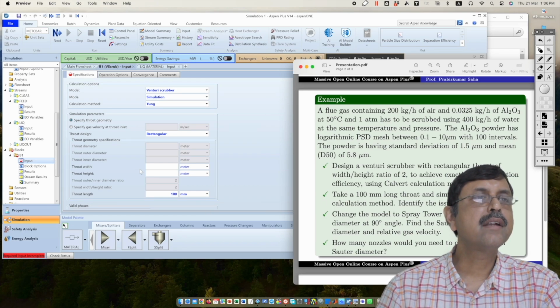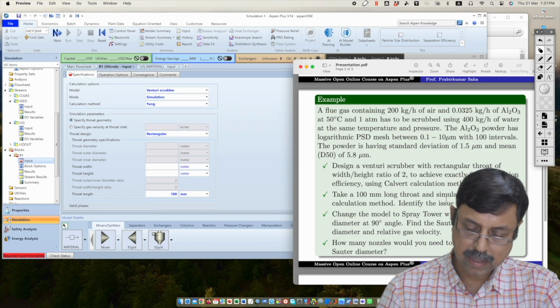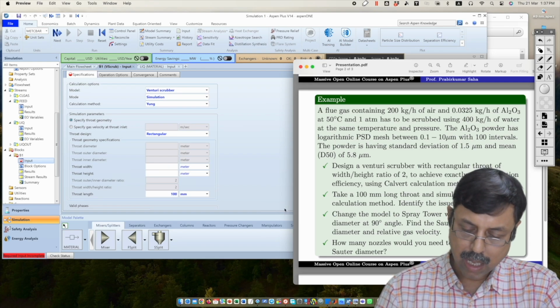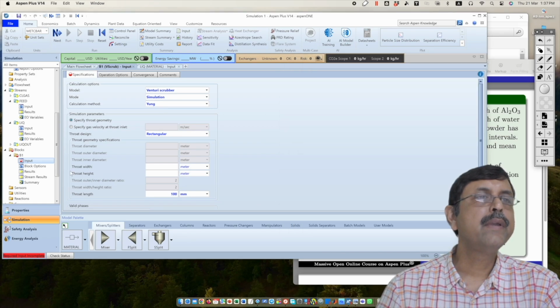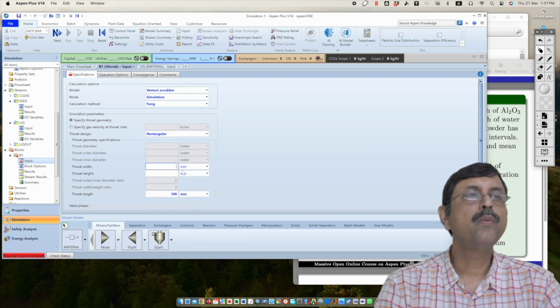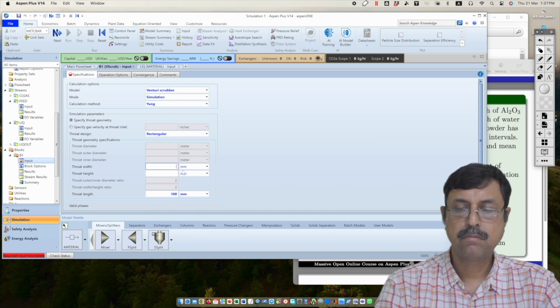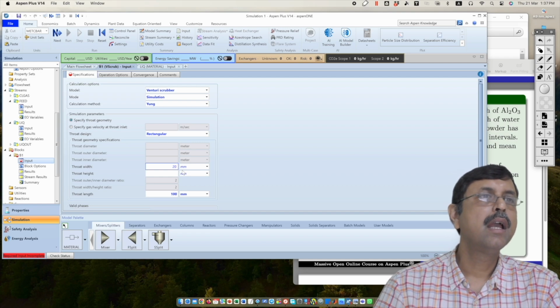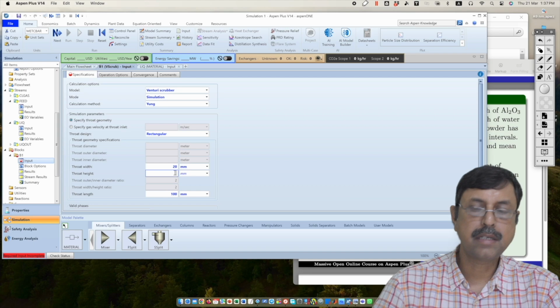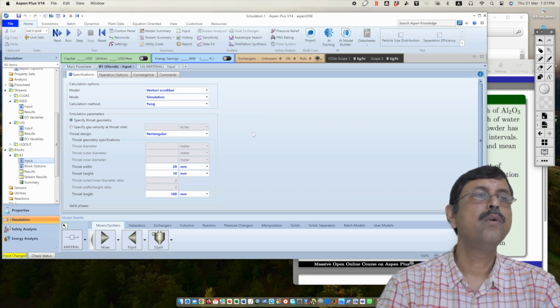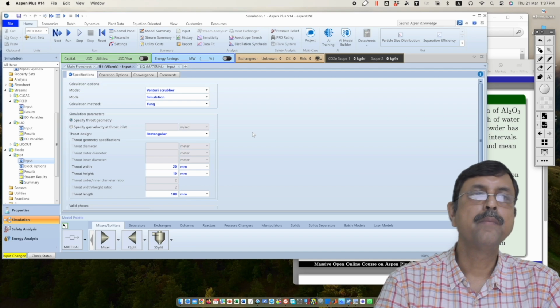In the previous method, we were using the rectangular throat with width and height ratio of 2. So we have to provide the information of width and height size. Let us take throat width to be, say, 20 mm and height to be 10 mm. So that makes the width versus height ratio to be 2.